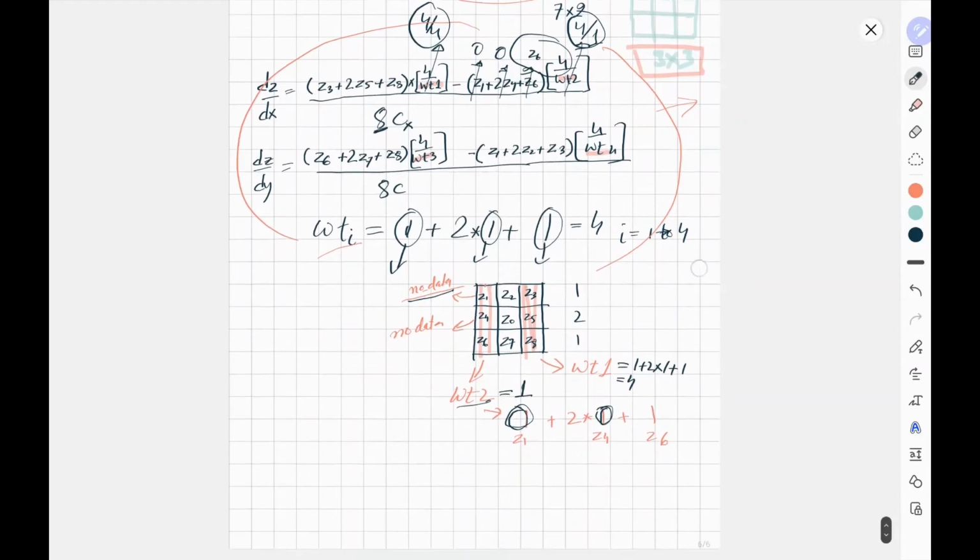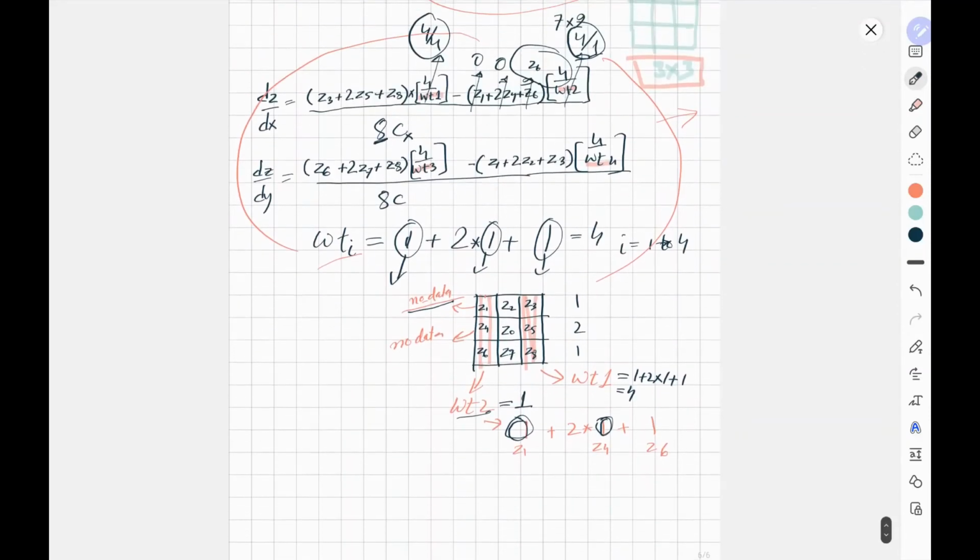One thing more about no data, that if the center cell has no data, then the resultant slope will also be no data.